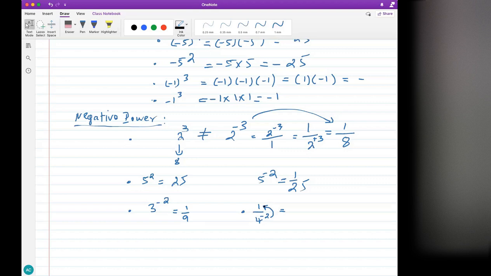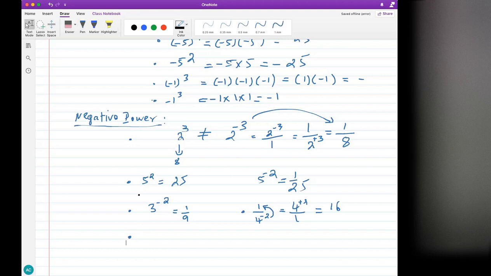Turns positive. That's right. So 4 to the second, this power turns positive over 1. And of course, what's 4 to the second? 16. That's right, 16. So whether the power is up or down, just move it to the other side of the fraction, then simplify it.